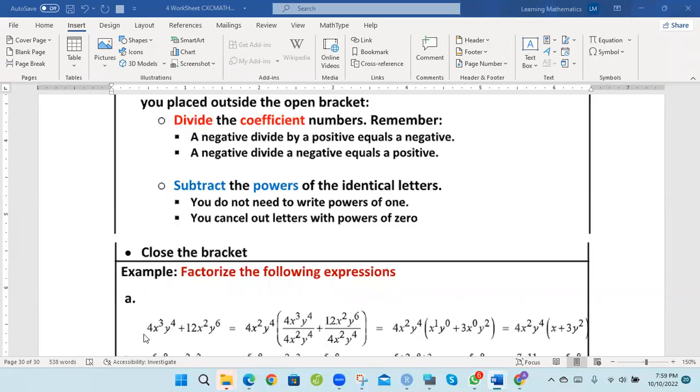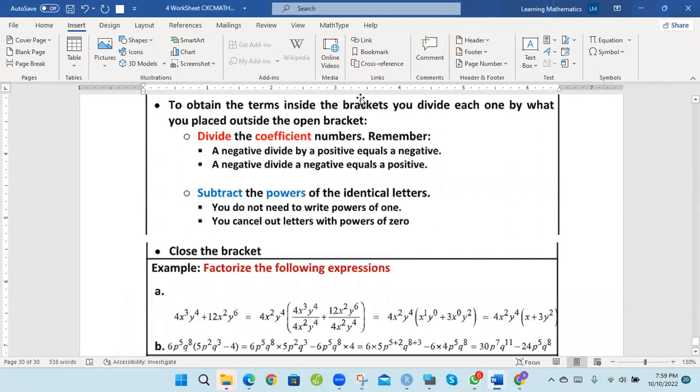Now, someone asked, so you have 4x cubed y to the 4. How come you have 4x squared y to the 4 there? Let's go back to the instructions.